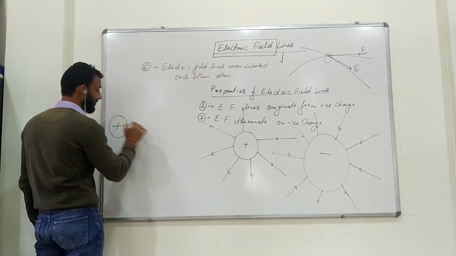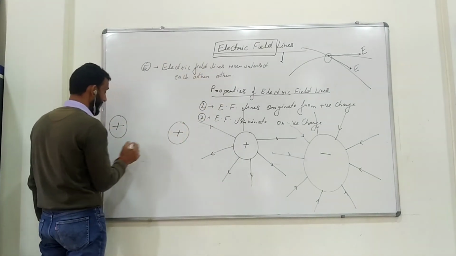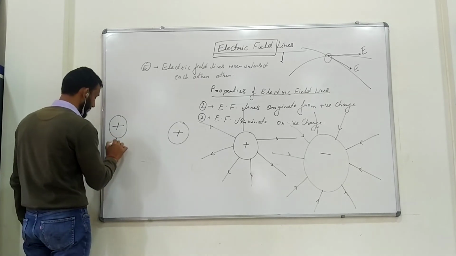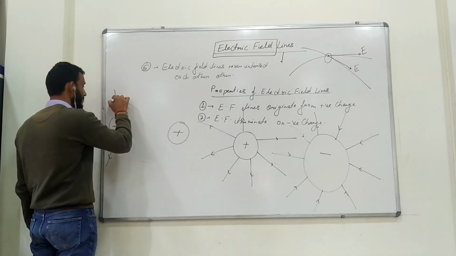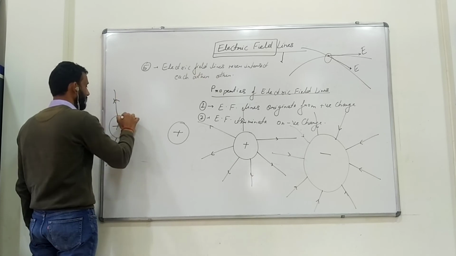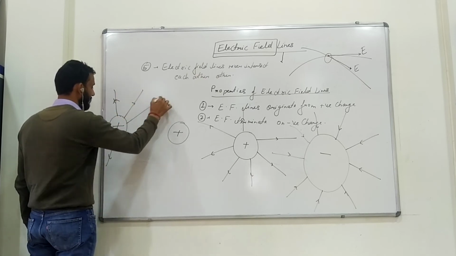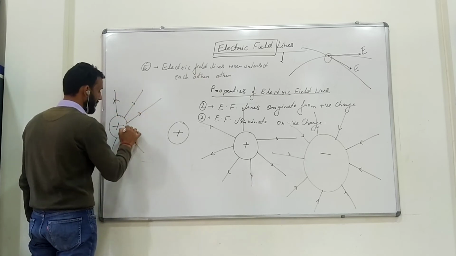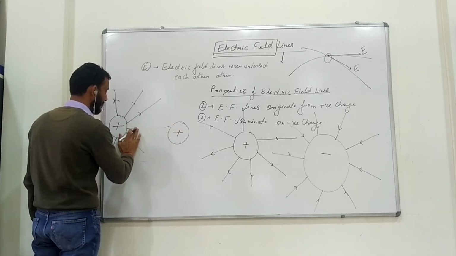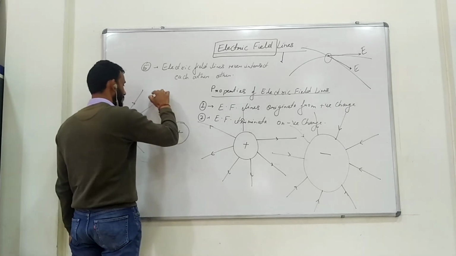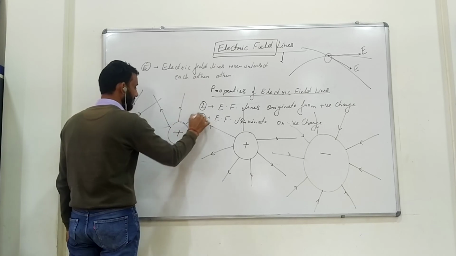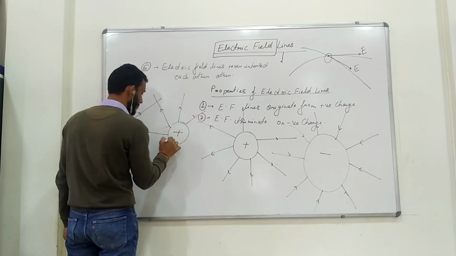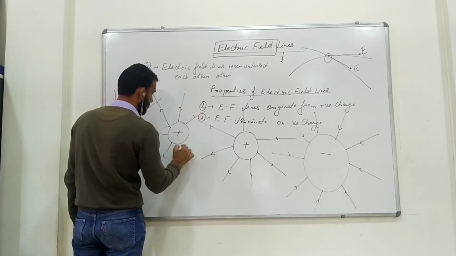If you have two positives or two negatives, then obviously the lines will be going out from each positive charge, and so on.